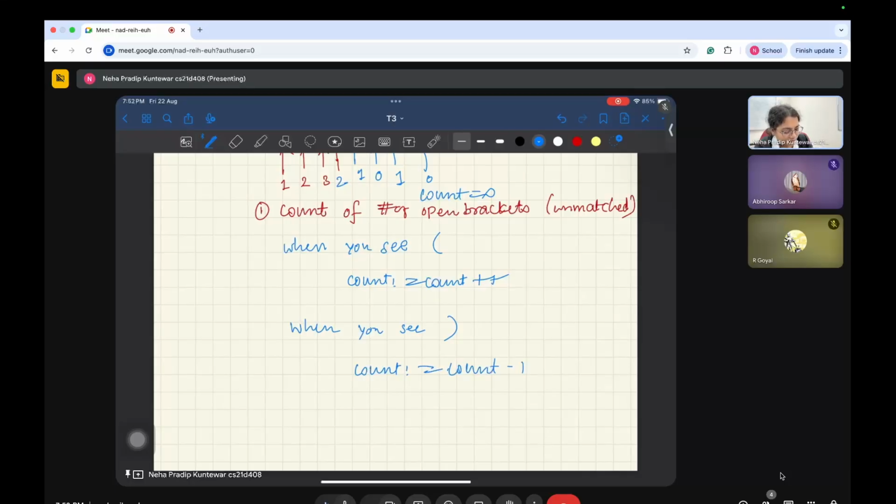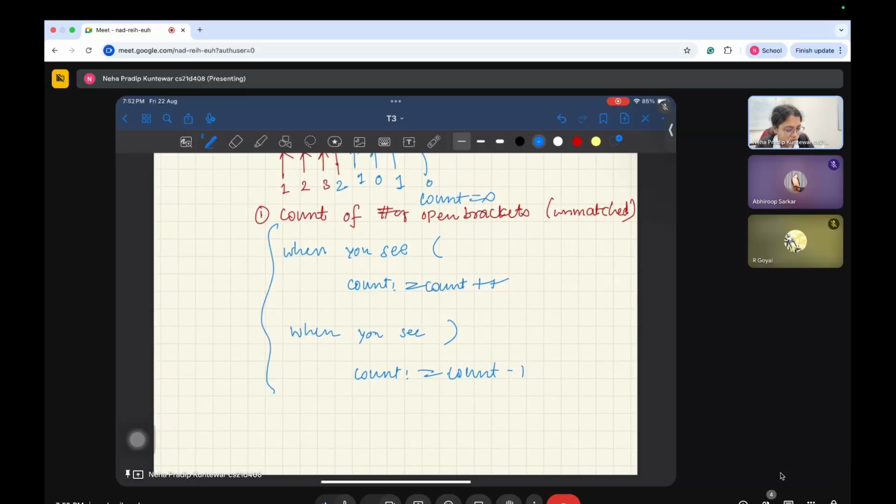Okay, and at the end of all this, whenever the head has reached blank or end of input, check if the count is equal to 0.